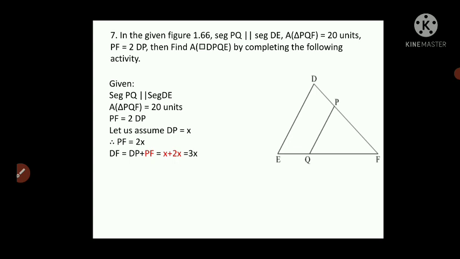Here the red color is the actual answer, that is the blanks. Now in triangle FDE and triangle FPQ, check the diagram.